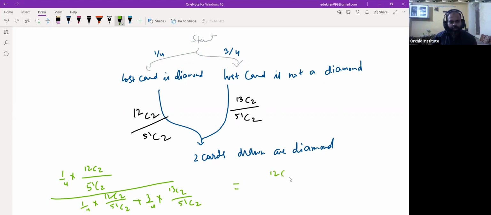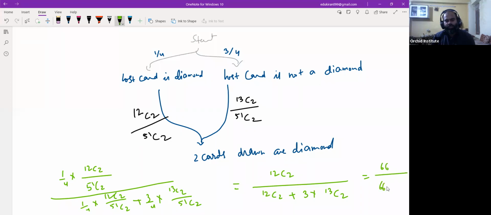You will get 12 C2 here and you will get 12 C2 here, and here we get 3 into 13 C2. So when you calculate it, 12 C2 is 12 into 11 by 2. So it will be 66. Here it will be 66. 13 C2 is 13 into 12 by 2. So 13 into 6. 6, 3, 18. 1 carry.